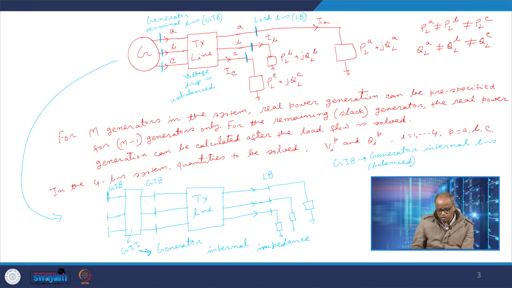So we need to understand that GIB voltages are balanced, but generator terminal bus voltages are unbalanced.